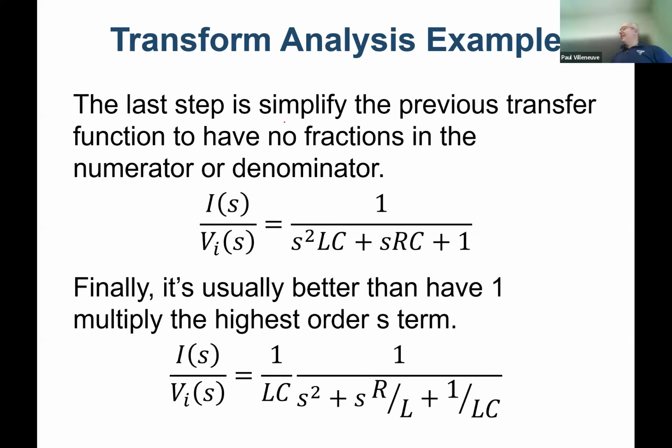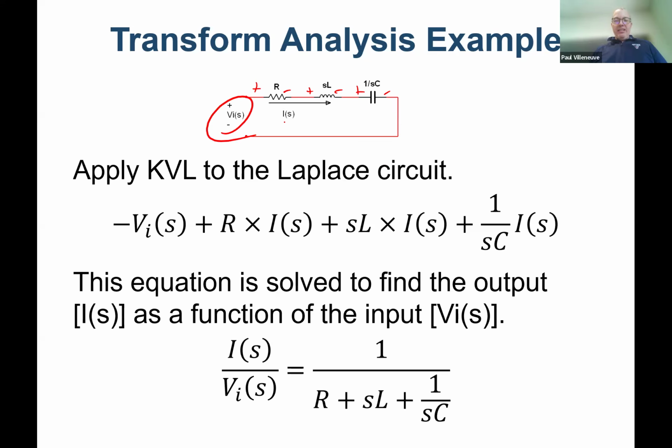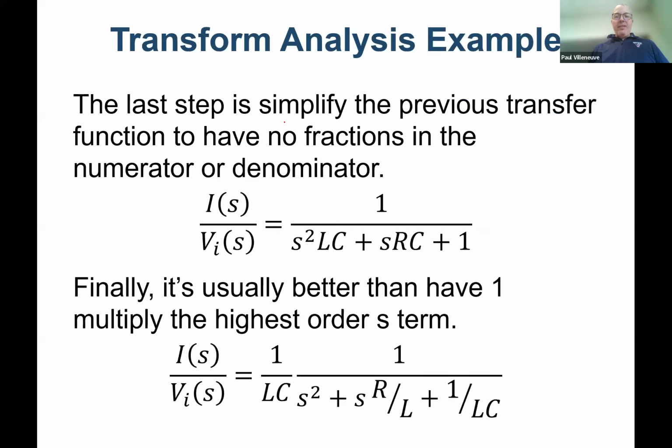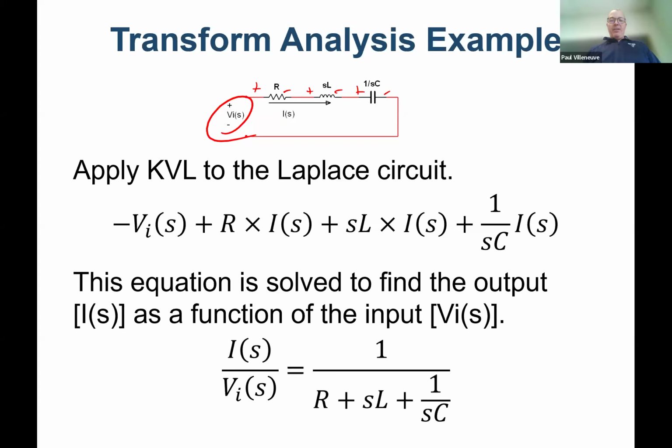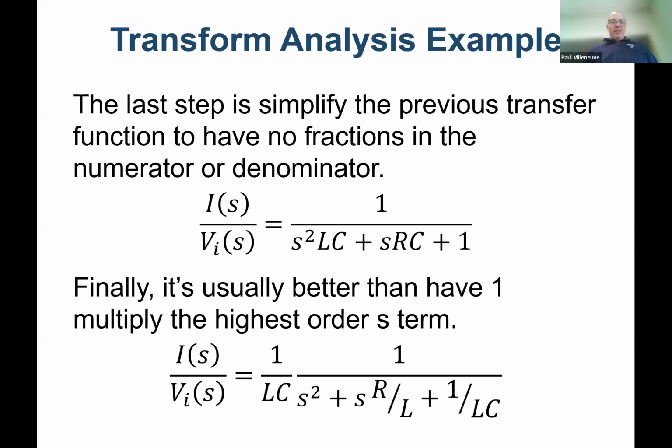I'm going to go ahead and make the system look a little bit fancier. Instead of having fractions and fractions, I'm going to get rid of the fractions. So I put everything under a common denominator, which, let's see, I basically multiplied everything by SC. Did I forget that over here? I think I did, right? If I put everything under a common denominator of SC, I have to modify this a little bit.